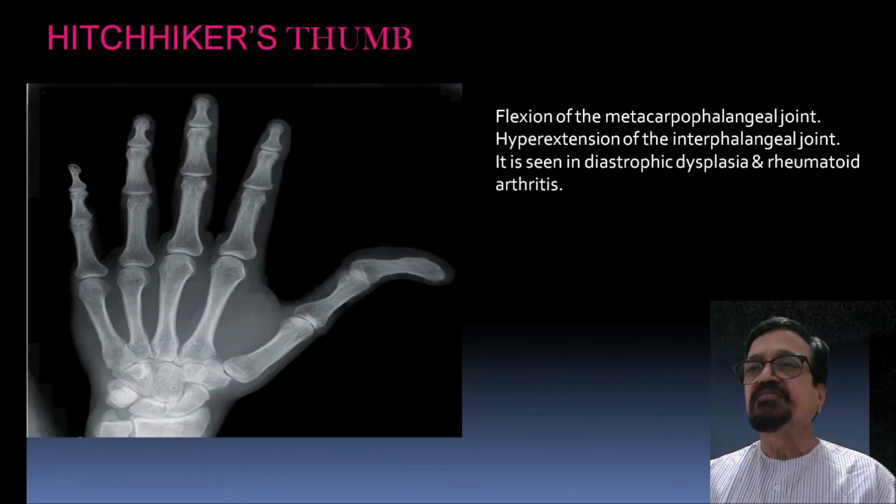Here we are seeing flexion of the metacarpophalangeal joint and hyperextension of the interphalangeal joint. It is seen in diastrophic dysplasia and rheumatoid arthritis. In this type of thumb, the differential is rheumatoid arthritis and diastrophic dysplasia.